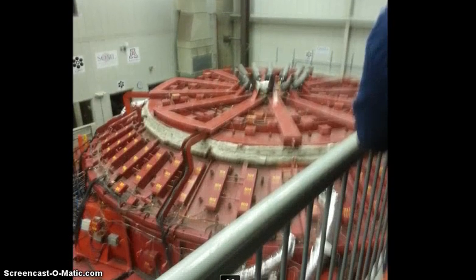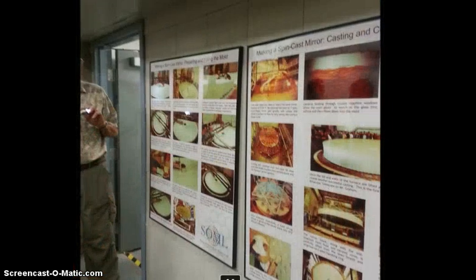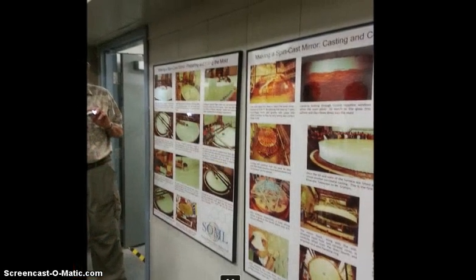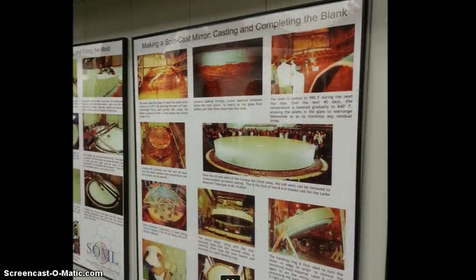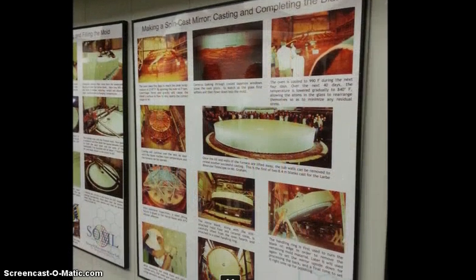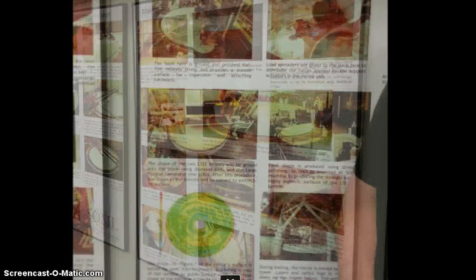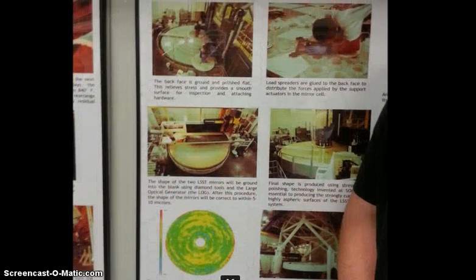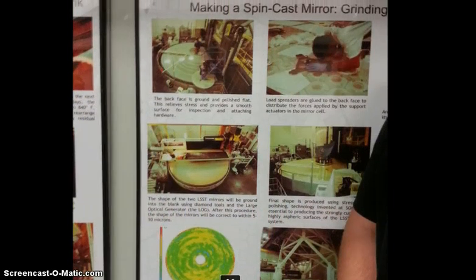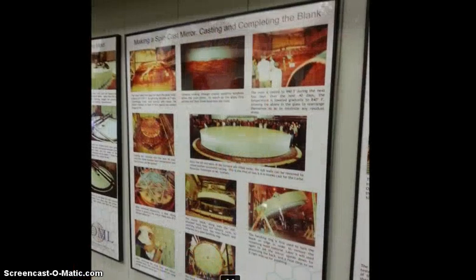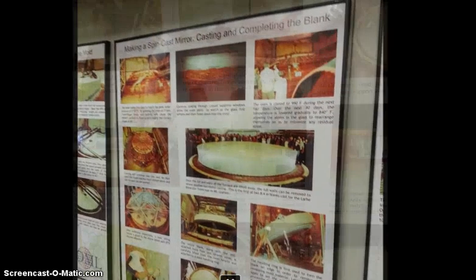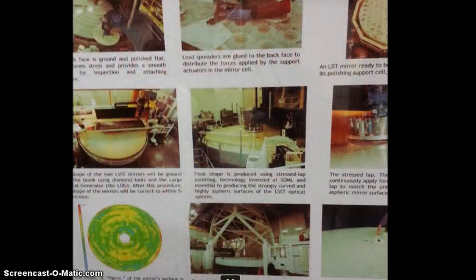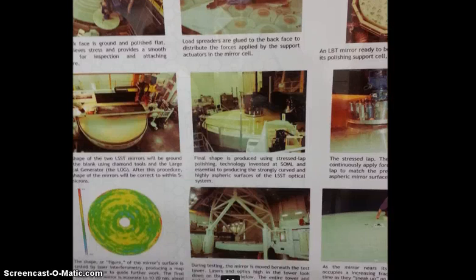We got a one-on-one with Philip Pinto, and he explained the rationale behind why they wanted to make the LSST and that different type of information. Right now it's in the polishing stage with the actual mirror lens, getting it smoothed out and ready to go.